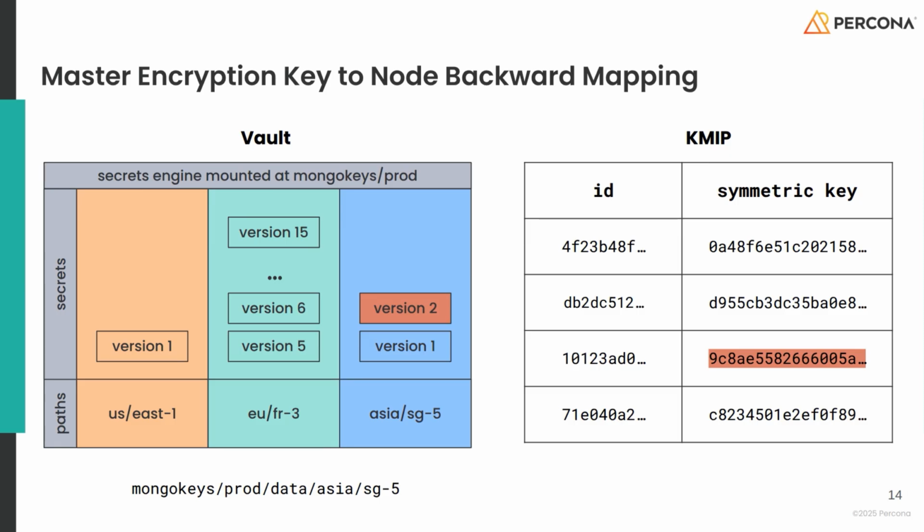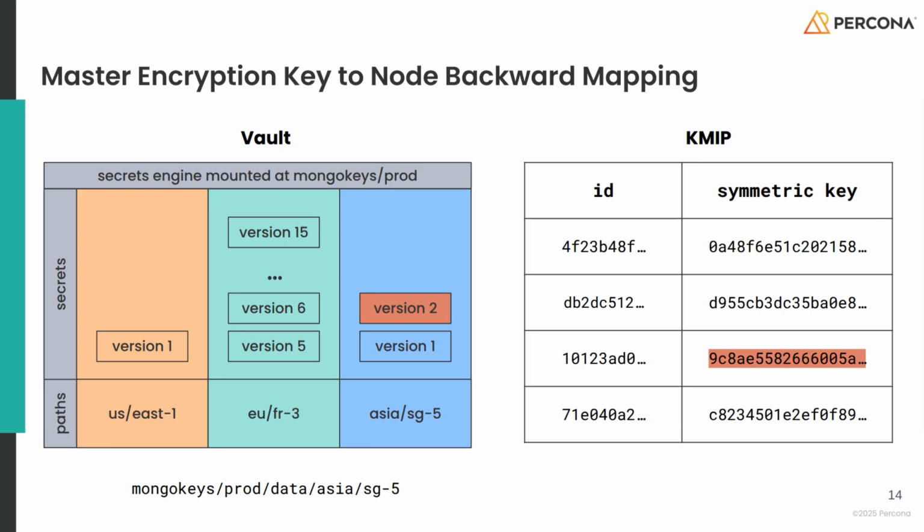That problem is not difficult to solve for Vault, because if relative secret paths are derived from node names, we obviously get the node identifier on the Vault server.